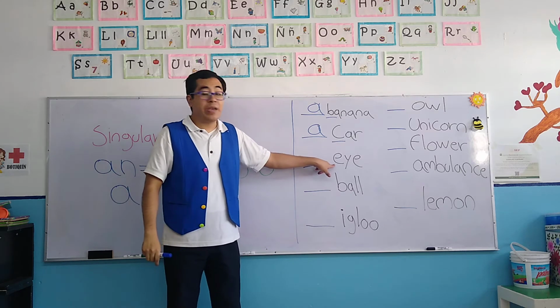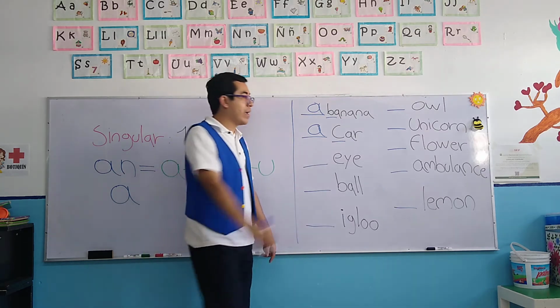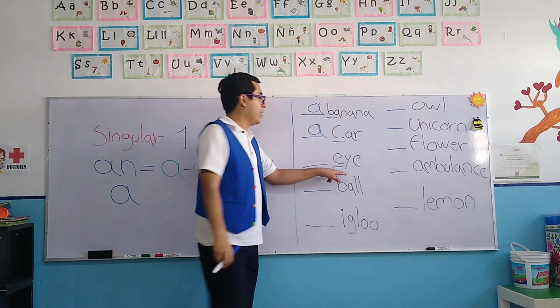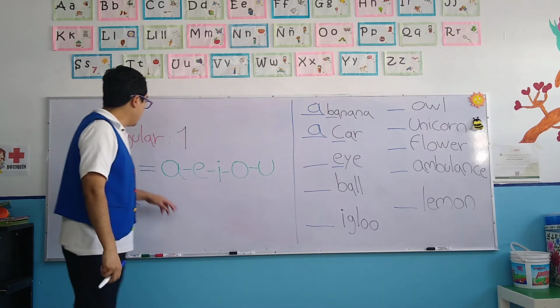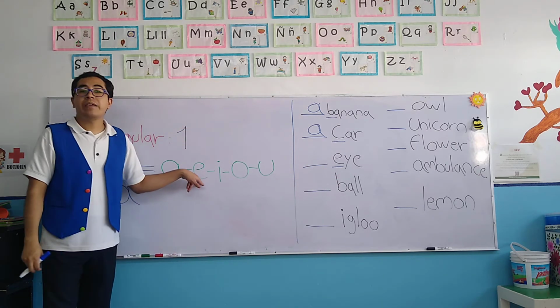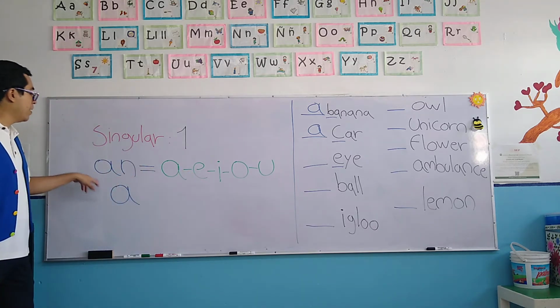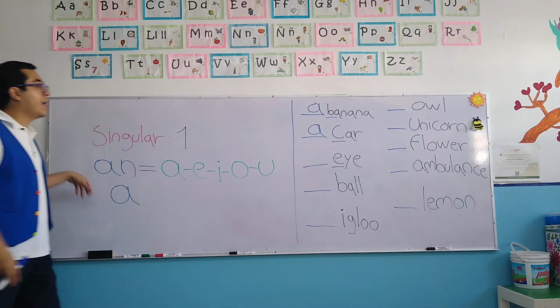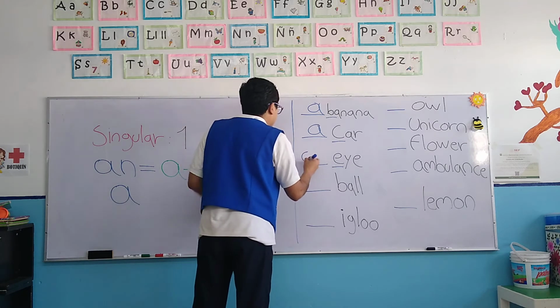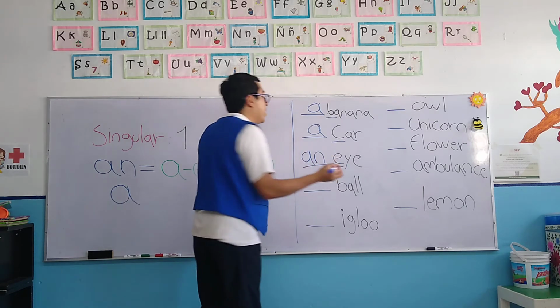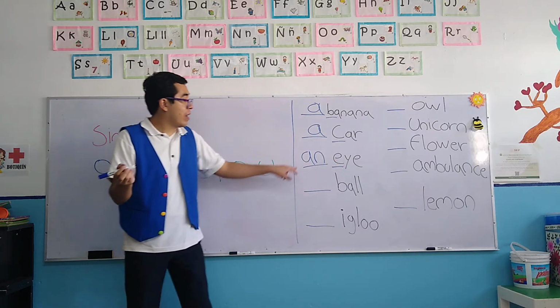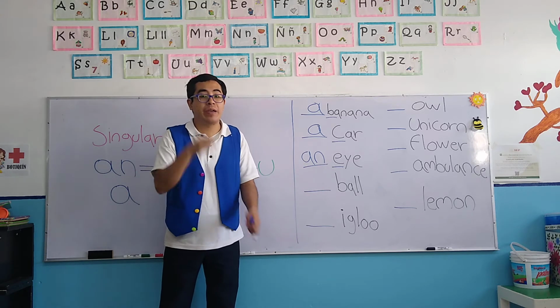Let's continue with eye. The word eye begins with a small e. Small e. Is it a vowel? Yes, it's right here. So what do we put? An or a? An. And now my word is singular. An eye.